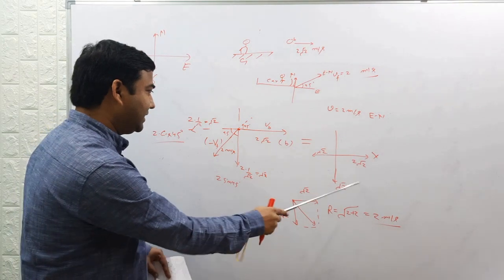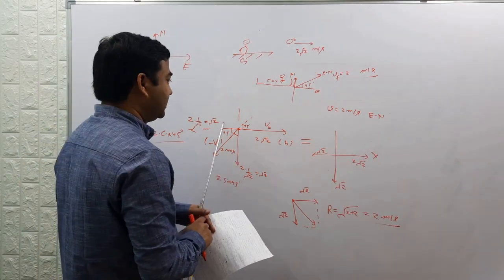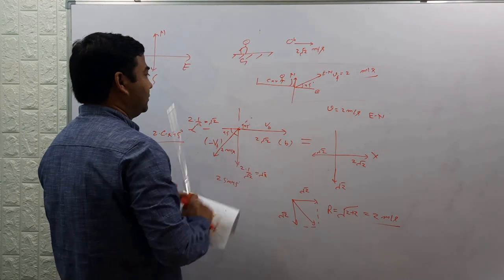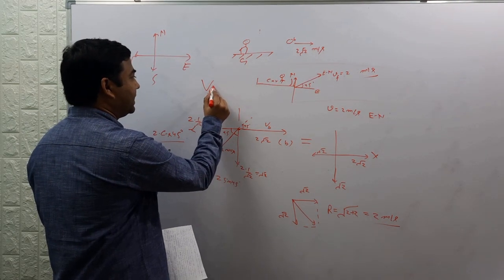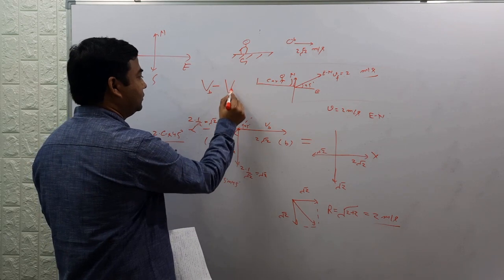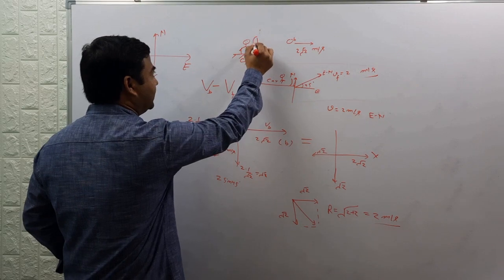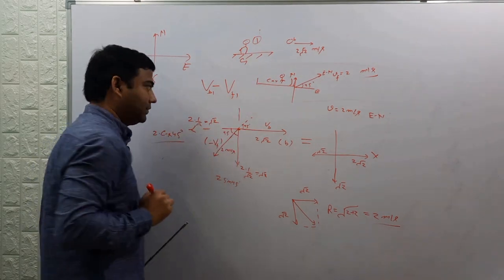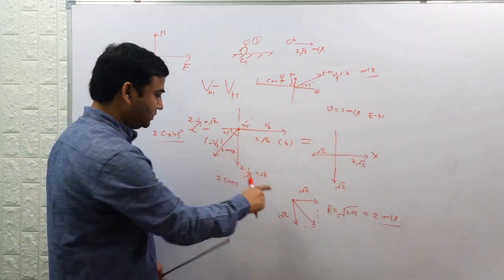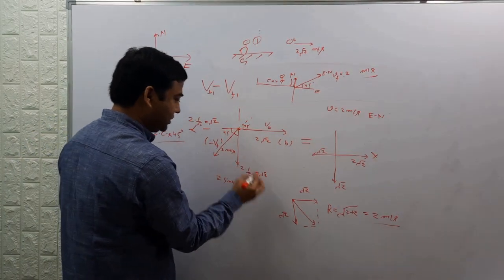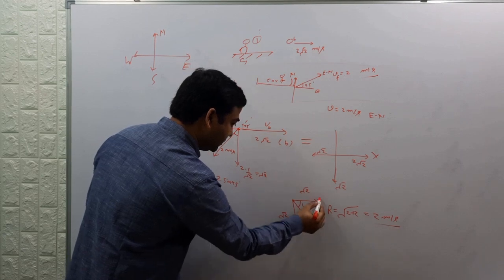So this resultant vector is nothing but velocity Vb minus Vf, and let this frame be 1, Vb1 minus Vf1. So we have seen that, and the direction of this resultant vector, easily you can see, will be 45 degree, and this is south, this is east.